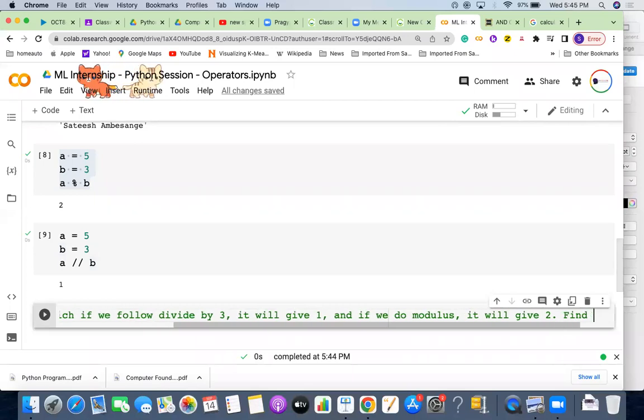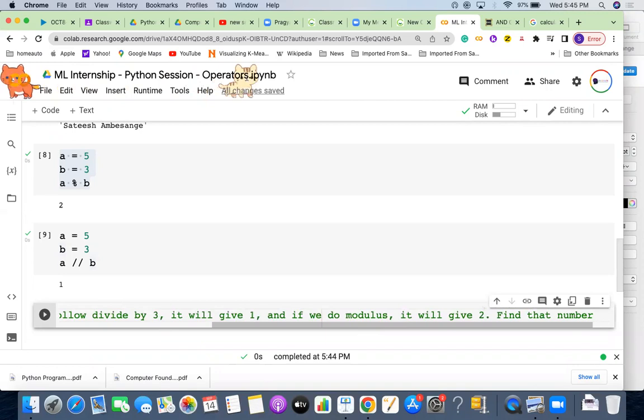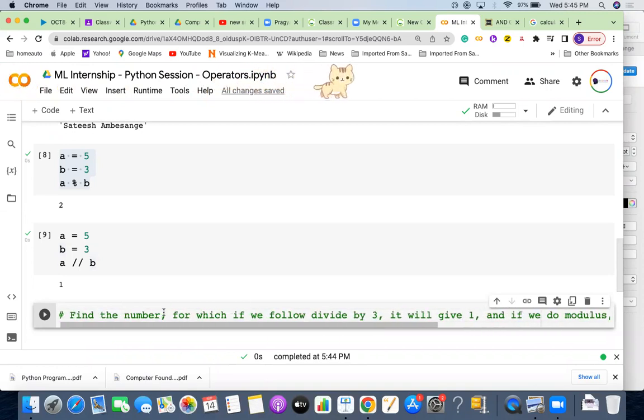Find that number. Is the question understood?